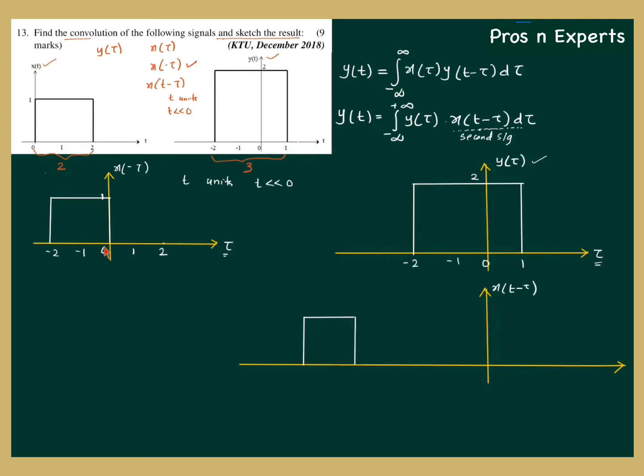So this 0 becomes t here. We are adding t units, but this t is negative, so I have shifted it leftwards. So this is t, and this minus 2 becomes minus 2 plus t, because we are adding t to every index, and the amplitude remains unchanged as 1. So this is x of t minus tau for t very less than 0.